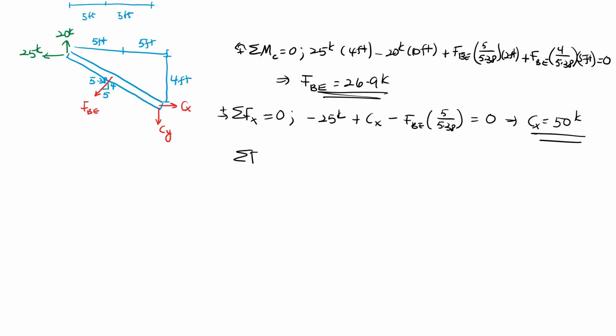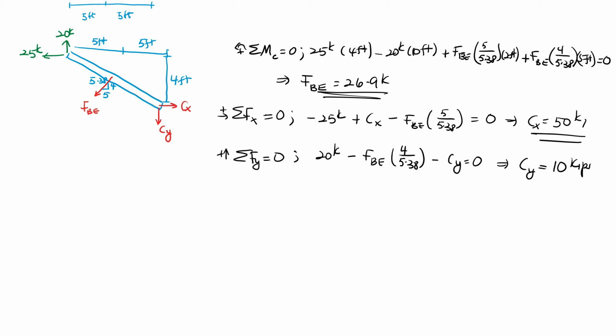And then sum forces in the y direction. I have 20 kips minus FBE, okay, this is going down, times 4 over 5.38 minus CY equals 0, and that gives me CY of 10 kips.